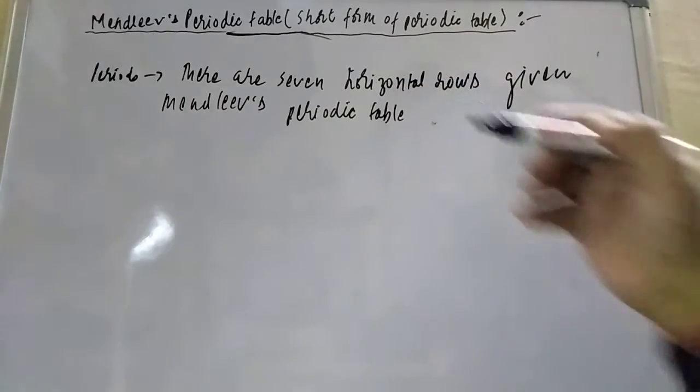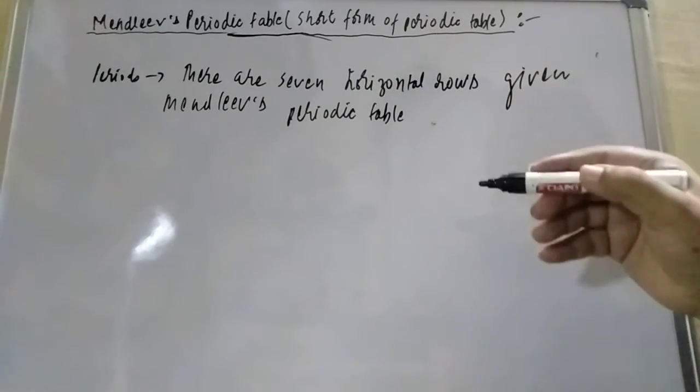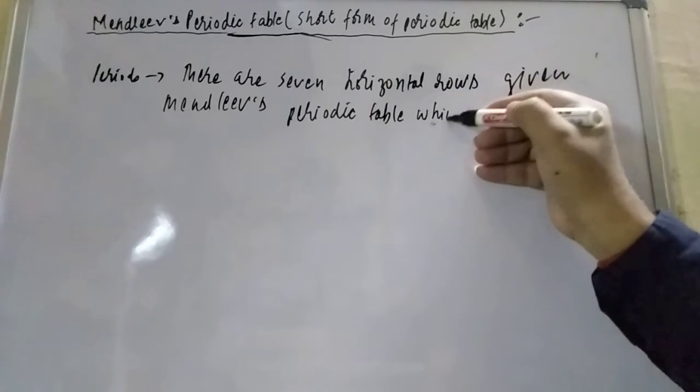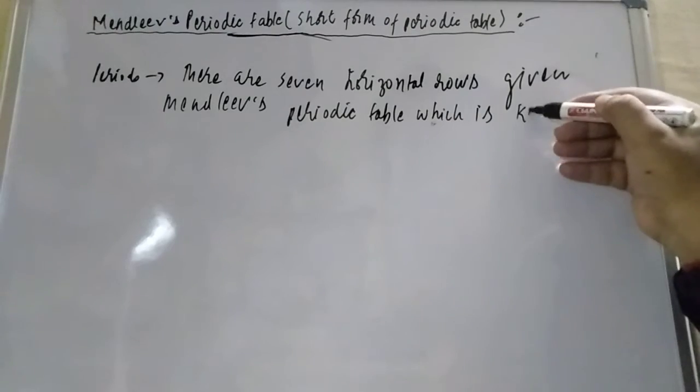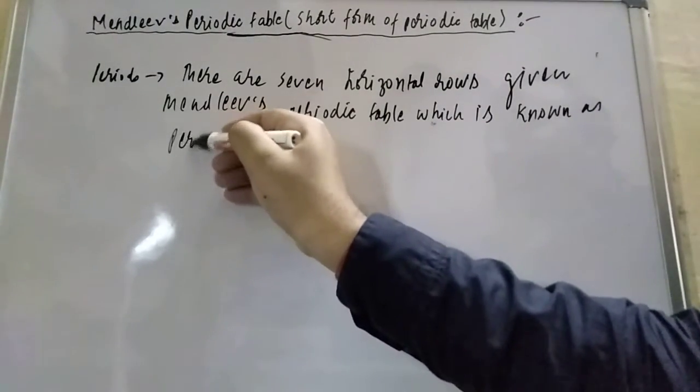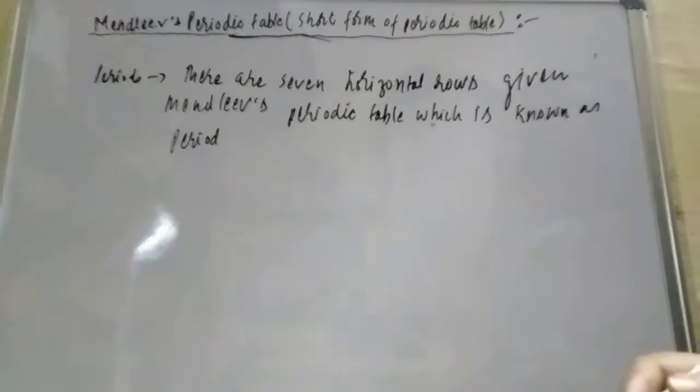There are 7 horizontal rows given in the Mendeleev periodic table, which is known as period. Now we have to understand that 7 periods are there.